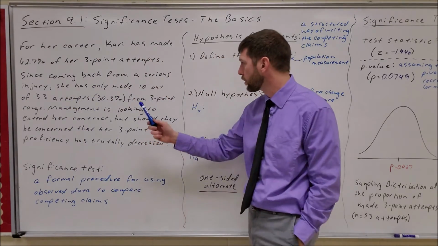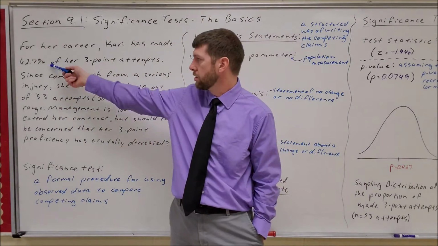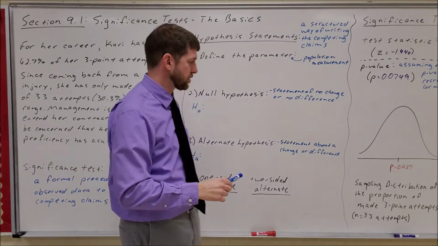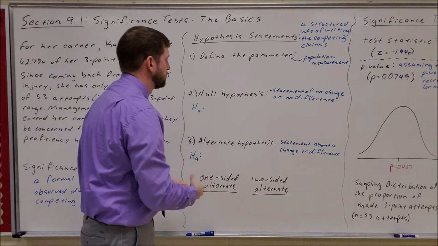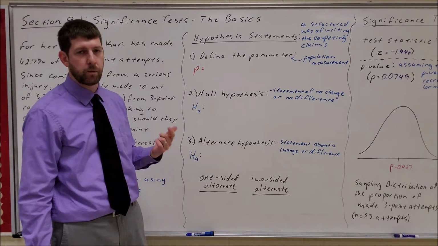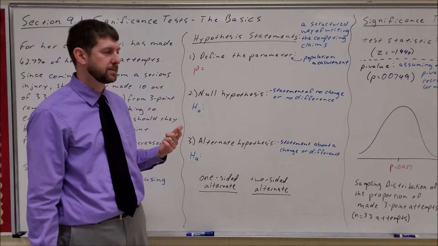So if we look back over, we're talking percentages, right? We have a couple of percentages. Those are just proportions. So I would use p as my proportion, as my parameter.